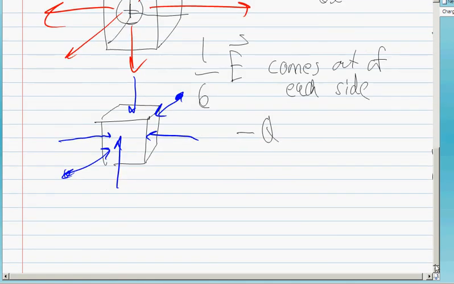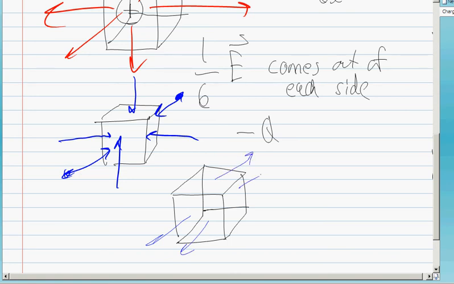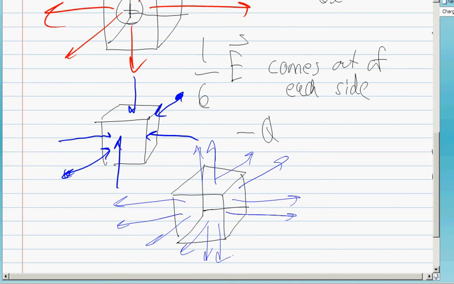But how about if I double the number of lines? Okay, let me finish the box. Like I double the number of lines so that instead I have 1, 2, 3, 4, 5, 6, 7, 8, 9, 10, 11, 12.